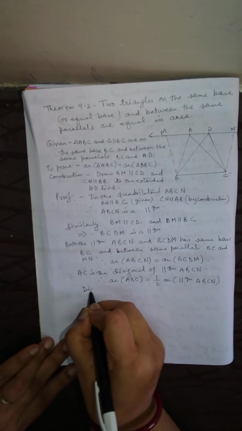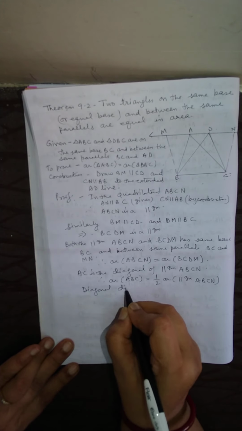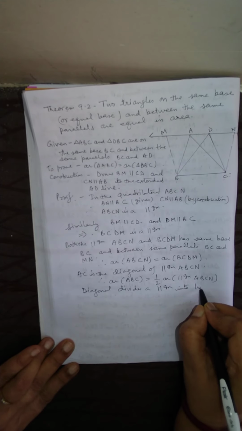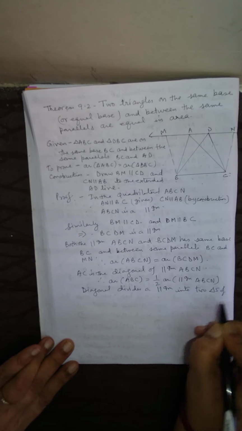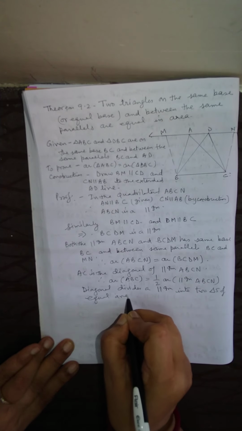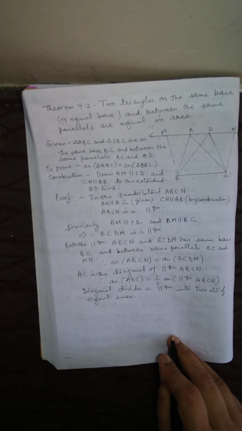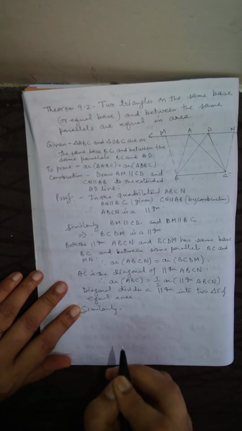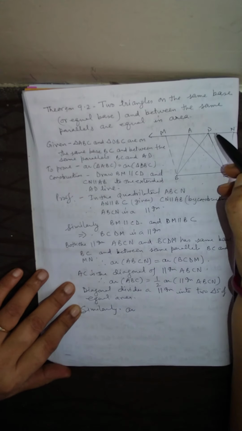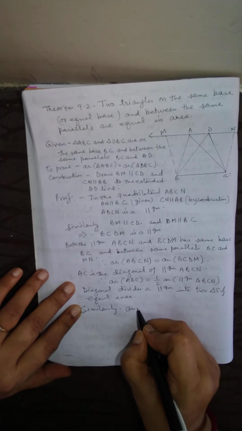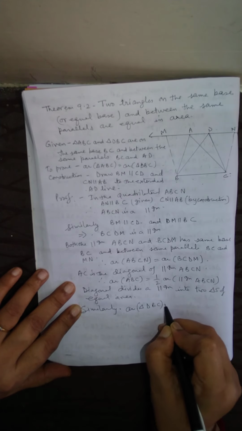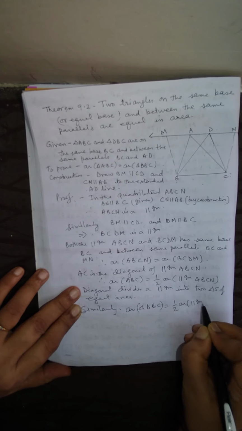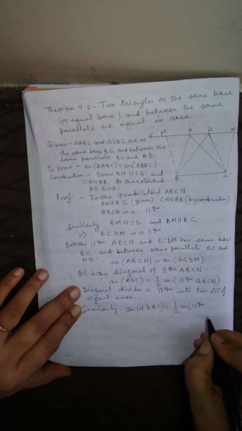Or you can write diagonal divides a parallelogram into two triangles of equal area. Similarly, area of the triangle DBC is half the area of the parallelogram BCDM.